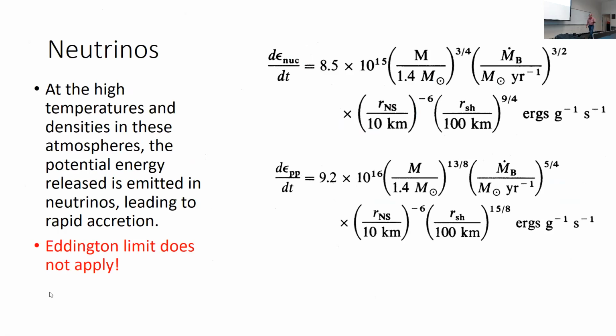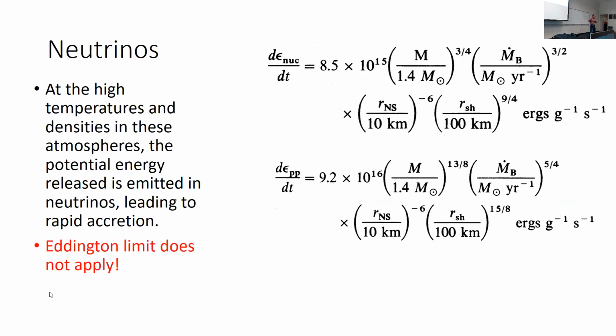Well, if I don't put in this piece of physics, then maybe I can make a Thorne-Zytkow object. But if I put in the fact that at some point I have high temperatures, and at least through electron-positron pair annihilation I'm going to make neutrinos, I suddenly have another place to lose my energy. If I could just wait for the radiation to get out, I would support my atmosphere and I'd be great. But now I'm emitting neutrinos.